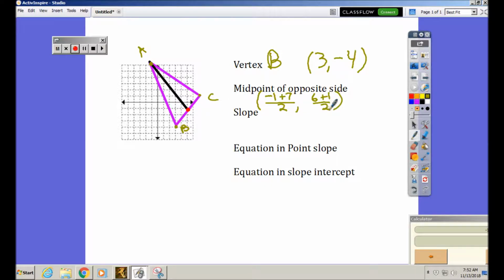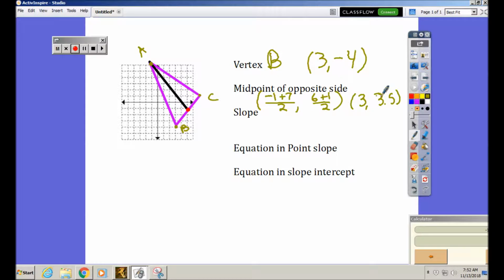What's negative 1 plus 7? That's 6, correct? 6 divided by 2 is 3. 6 plus 1 is 7. 7 divided by 2 is 3.5.